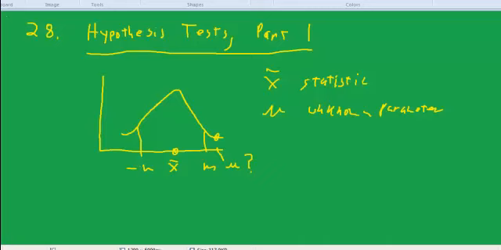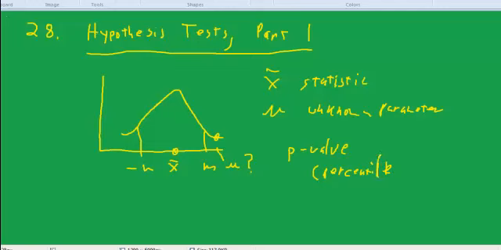In confidence intervals, we calculated an interval in natural units, like number of calories. Now, when we do a hypothesis test, we're going to compute something we call a p-value, which is a percentile type calculation.